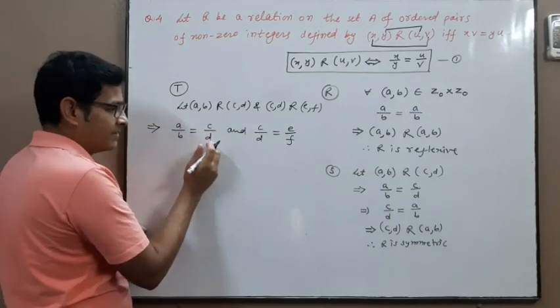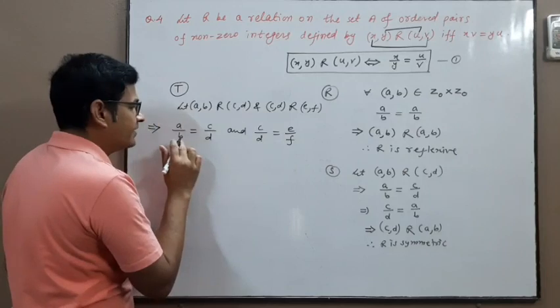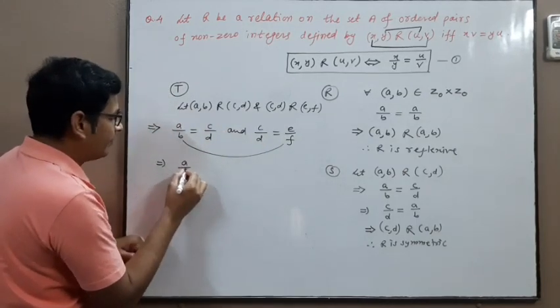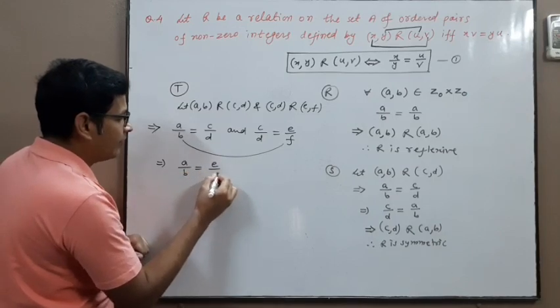This quantity equals this and this quantity equals this, which means this equals this. So next step we can write a upon b equal to e upon f.